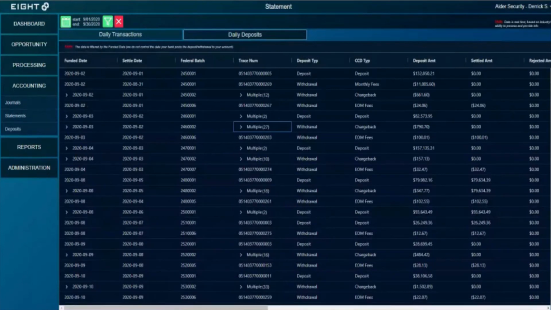Now, one big thing to note here, and you'll notice notes throughout the product: this is the date that it hits their bank account. So this funded date here is the date that it's going to hit their bank, but we cannot control when their bank makes those funds available. So hopefully you guys caught that.